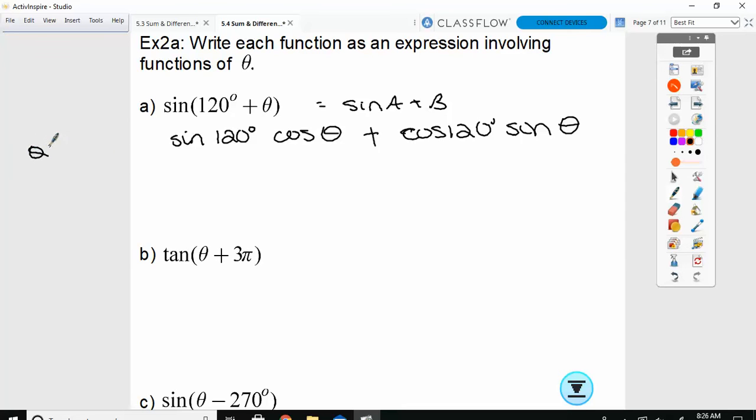Okay, 120 is in what quadrant? Reference angle, 180 minus 120 is 60. In quadrant 2, is sine positive or negative? All right, and then the sine of 60 degrees?